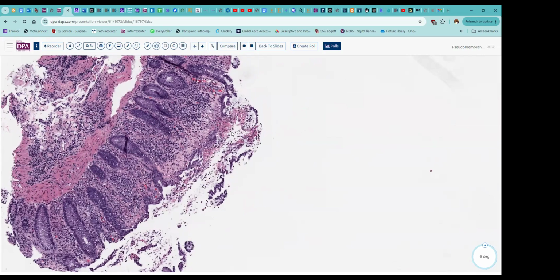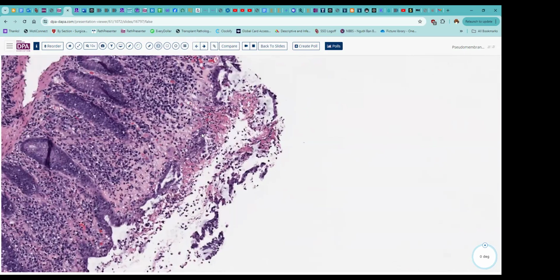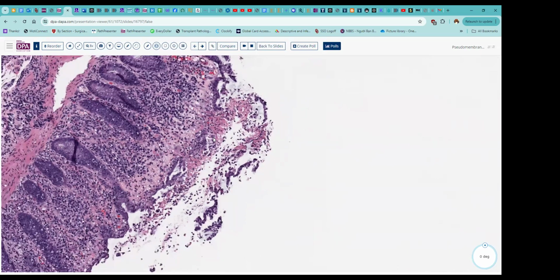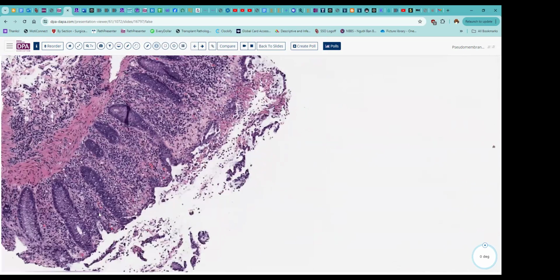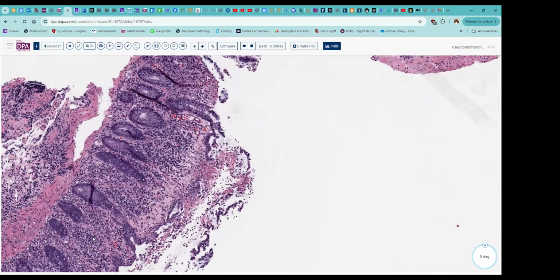If you can see that here, there's a little bit of surface erosion and this subsurface hyaline change. So this could be an early incipient toxin-related colitis. We don't see withering glands per se. It could be some other sort of change related to that.